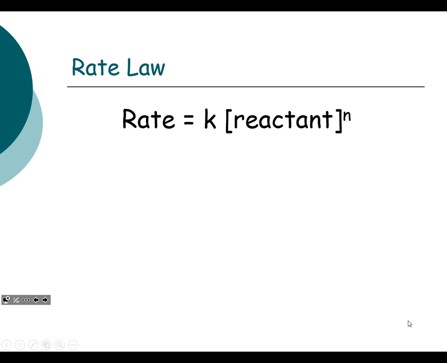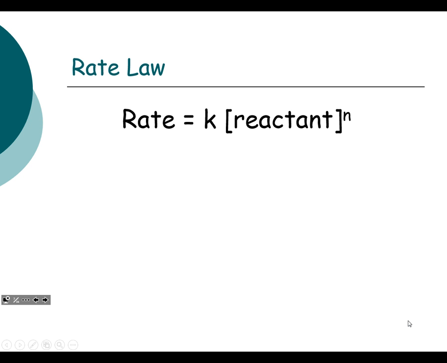So this is a very generic form of a rate law. Every rate law always starts with rate equals k times the concentration of the reactant raised to some order. That's what this n means. It's an order, and we'll talk about that in a second. Unlike our previous K in equilibrium, which didn't have any units, this k can have some really complex units on it, so we'll have to work through that a little bit.